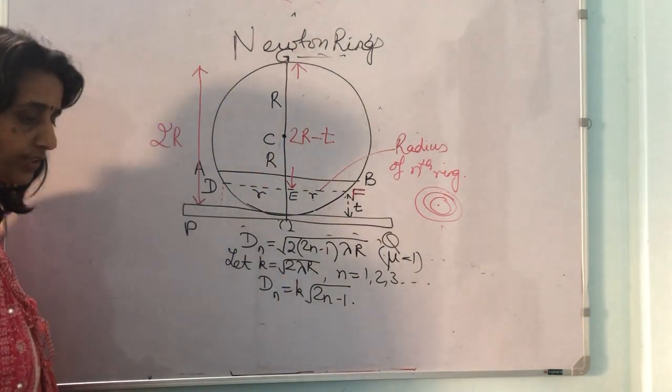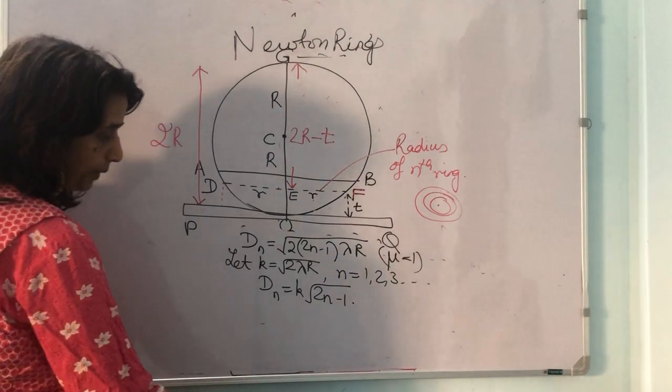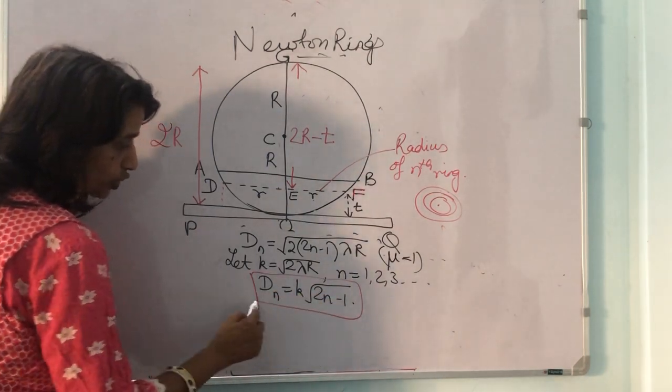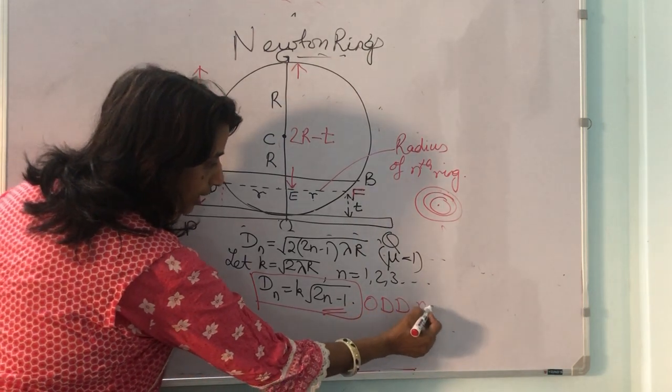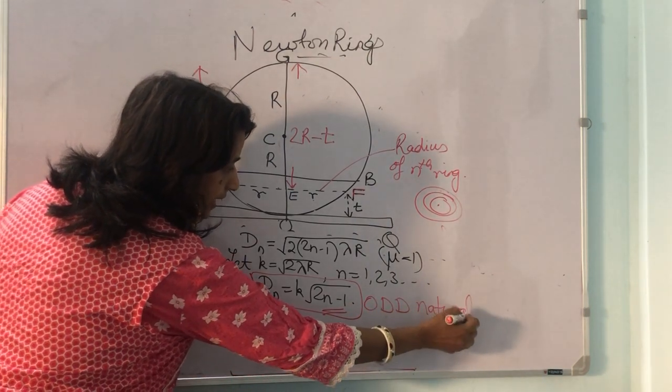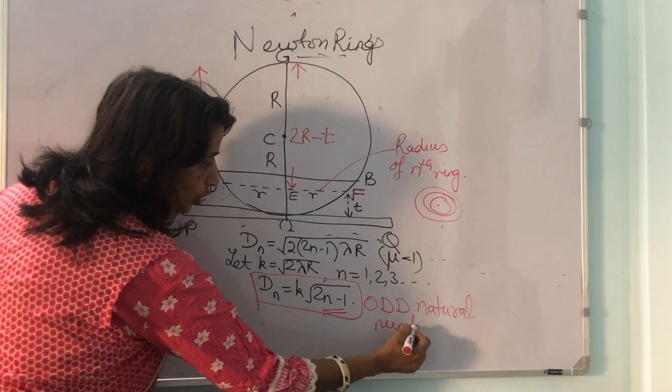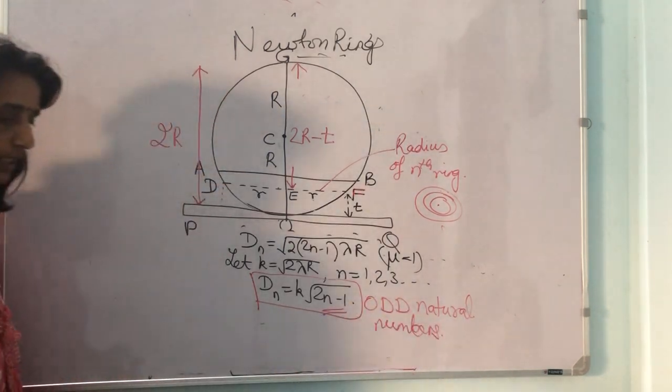The diameters of bright rings are proportional to the square root of odd natural numbers.